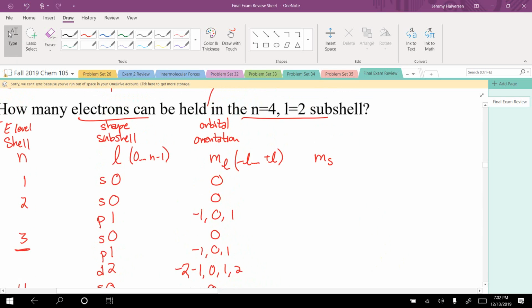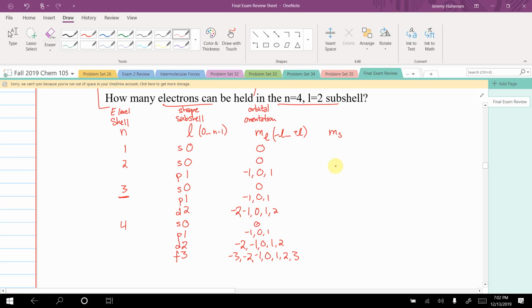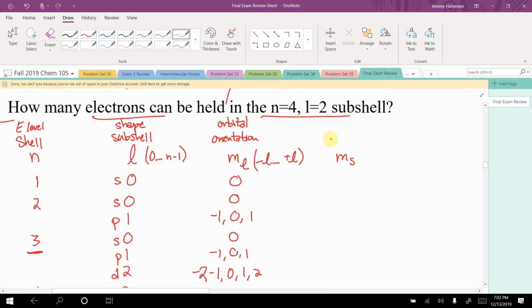So, how many orbitals are there when n equals 4 and L equals 2? There are 5 orbitals. N equals 4, L equals 2. There are 5 orientations of that 4d orbital. Okay? But that's not what the question asked. The question asked about electrons. Well, what does m sub s tell us?